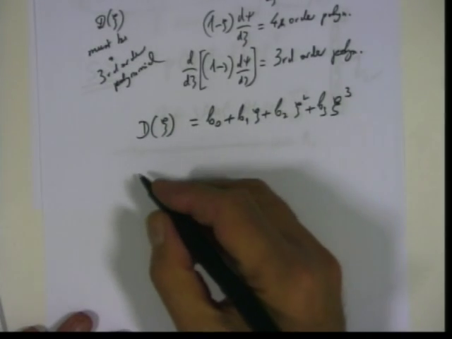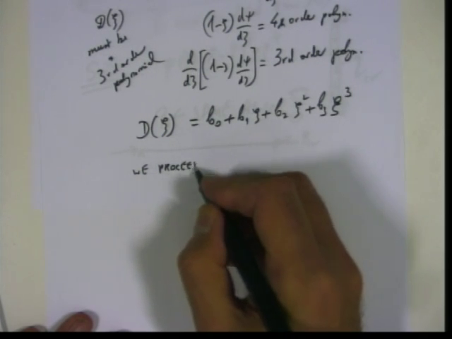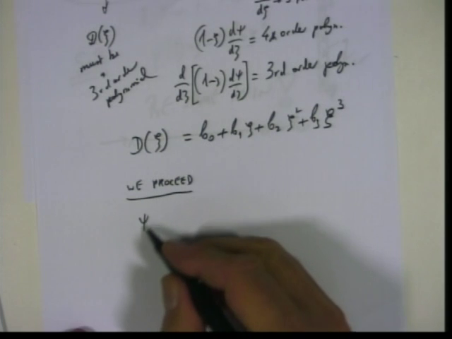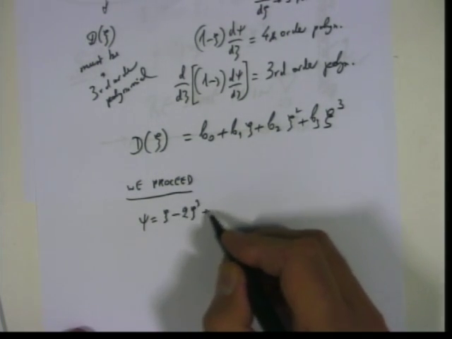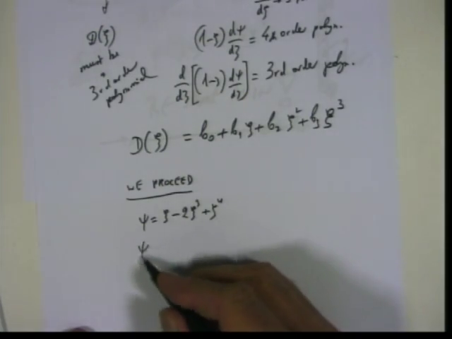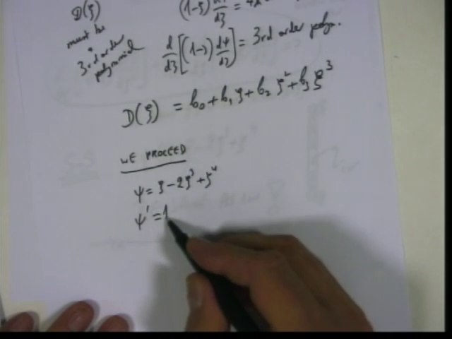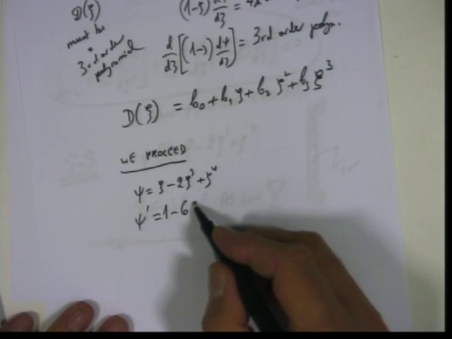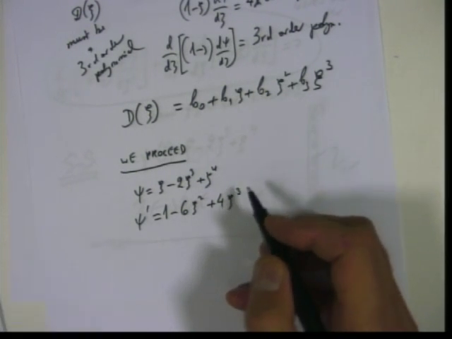So we proceed. Psi, as we said, equals psi minus 2 psi cubed plus psi in fourth power. Psi prime, because here I have psi prime, equals 1 minus 6 psi squared plus 4 psi cubed.